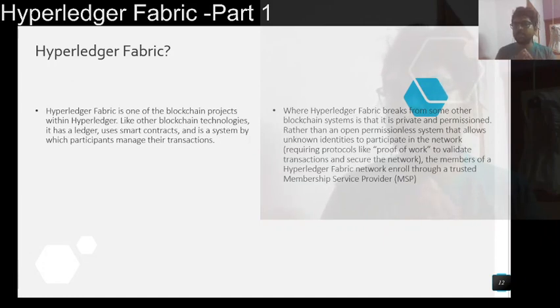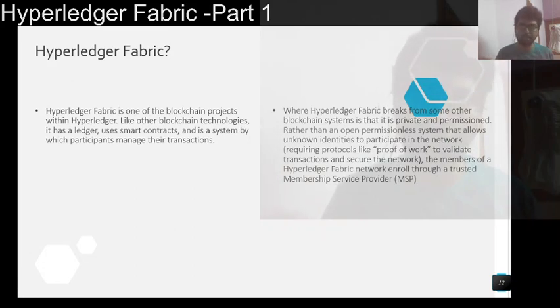We can also avoid protocols like proof of work and other kinds of protocols, because Hyperledger Fabric uses the MSP, the member service provider. So unknown identities, as in proof of work, are not required.